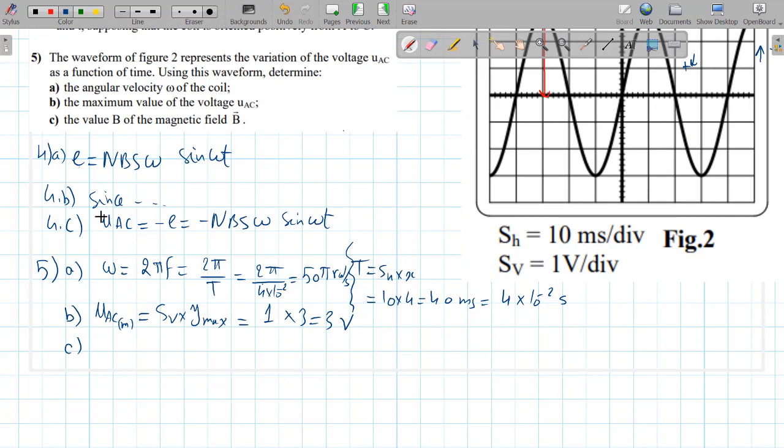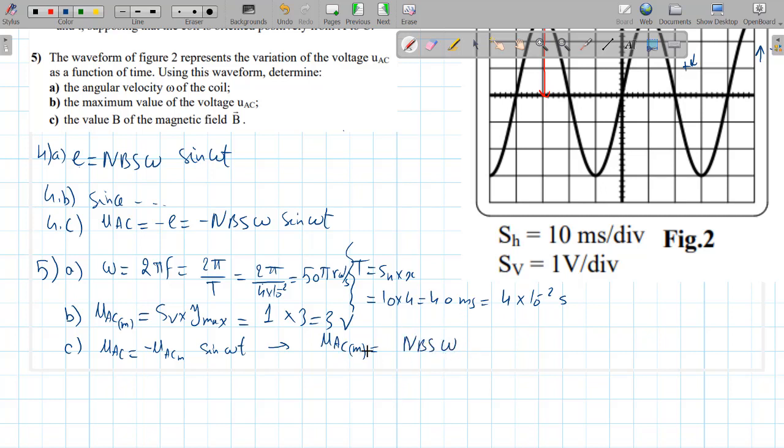According to the relation in 4C, we have UAC equal minus UAC max sine omega t, with UAC max equal NBS omega.